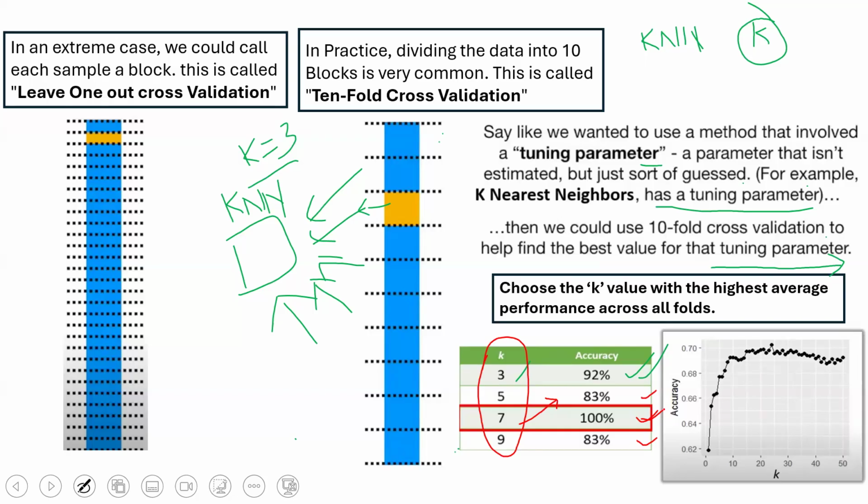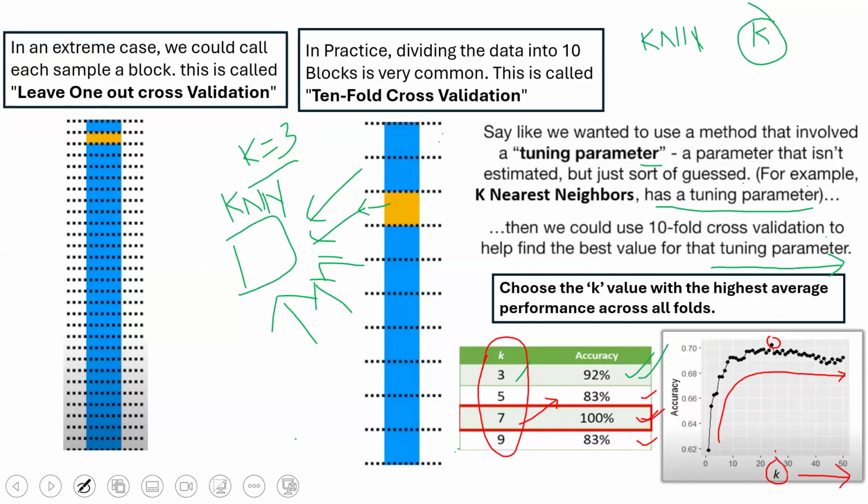Even if you look at this graph, we have taken different K values and plotted the accuracy for every K value, and you pick the K value where the accuracy is highest. If you look at this particular point, the accuracy is high, so you come up with that K value for the parameter. This is called tuning, and tuning is done using cross validation.